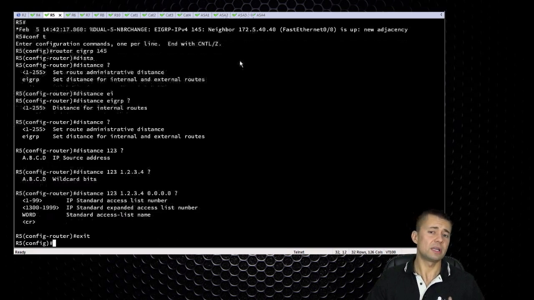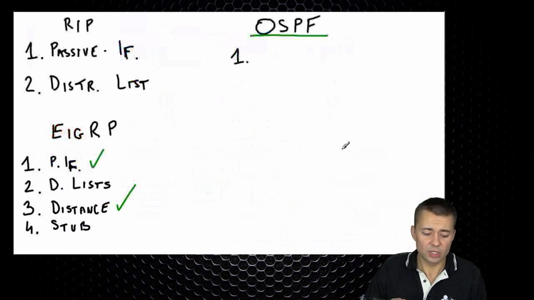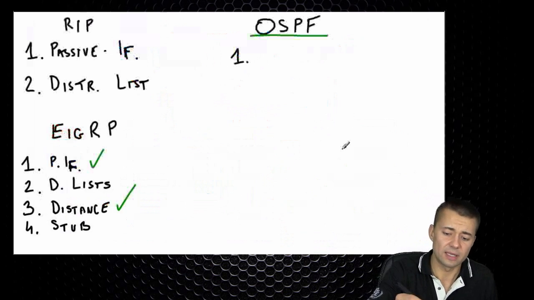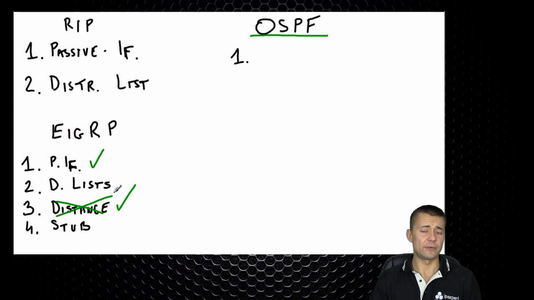Same as, for example, you cannot use offset lists on the ASA, but you could use offset lists for RIP on iOS. Okay, so let's go back to OSPF. So passive interface, distance: it is available, but cannot be used to simply filter the routes.